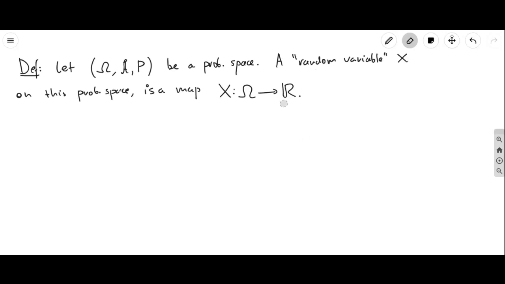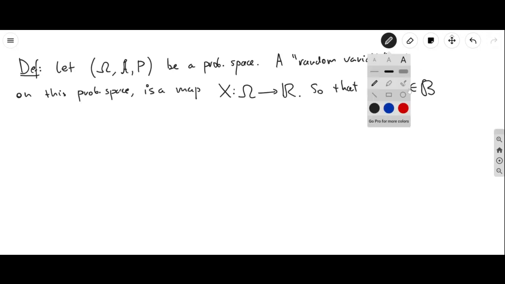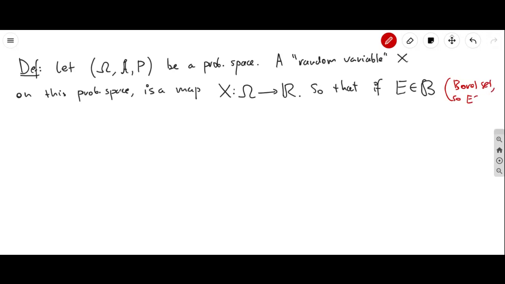Now, recall that we equip the real line with the Borel algebra. And we want the following property to be satisfied. So that if we pick a subset of the real line, let's call it E, in the Borel algebra, so E is a subset of R, and it is a Borel set.